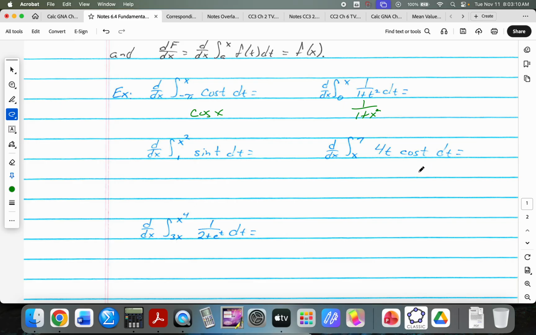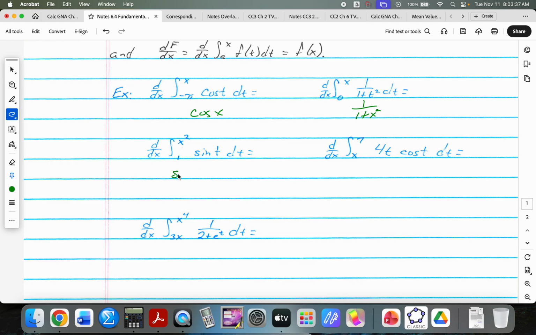Now, of course, it's calculus, so it can't be just that simple. So here, we're doing the derivative with respect to x of the integral from 1, not to x, but to x squared. So when I'm taking the derivative, because this is not just x, I have to apply the chain rule.